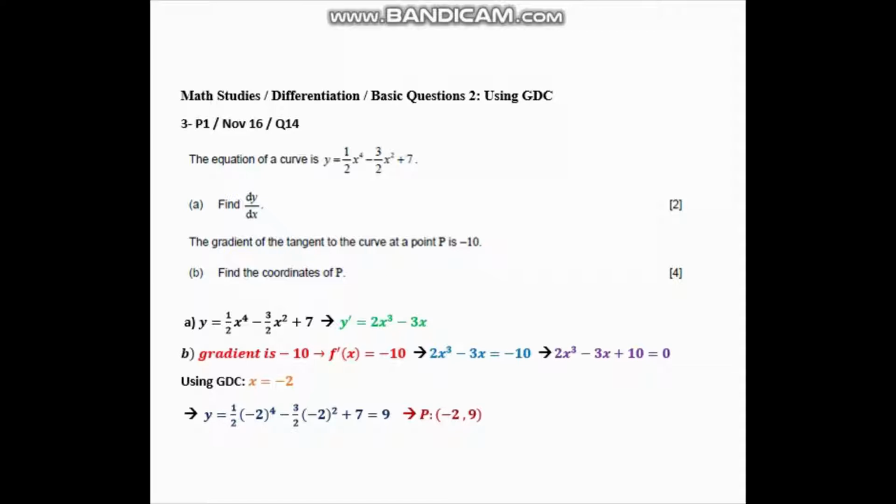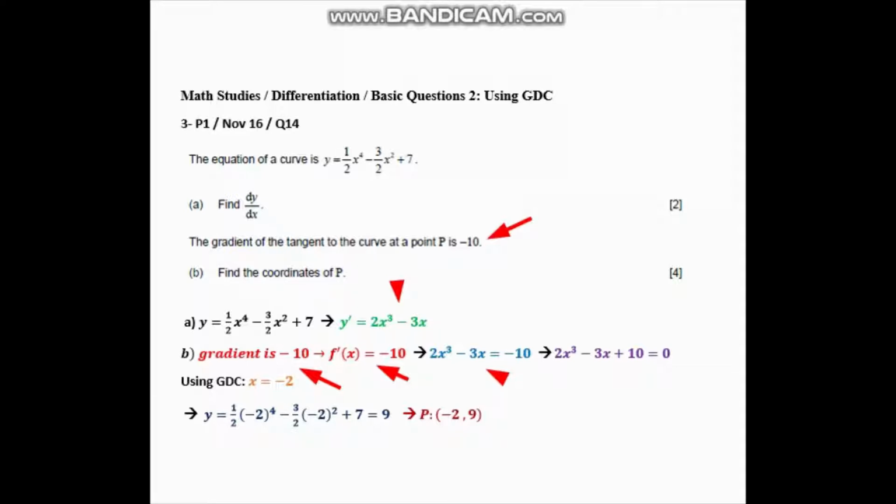Now for question B, I'm told that the gradient of the tangent to the curve at point P is -10. Like the previous question, we deduce that since the gradient is -10, hence f dash of x equals -10 or y dash equals -10, and I already have an expression for y dash, so I write it and equate it to -10, and I need to solve this equation.